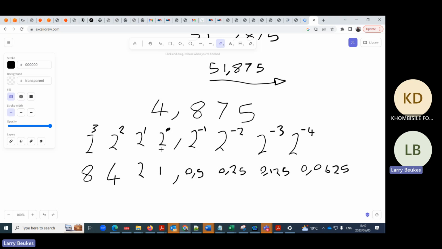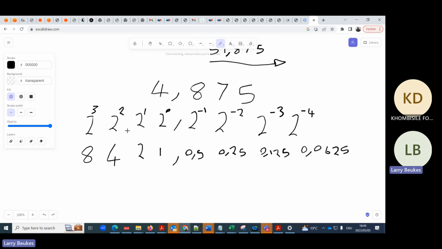Great stuff. Now we look for the numbers that we need.